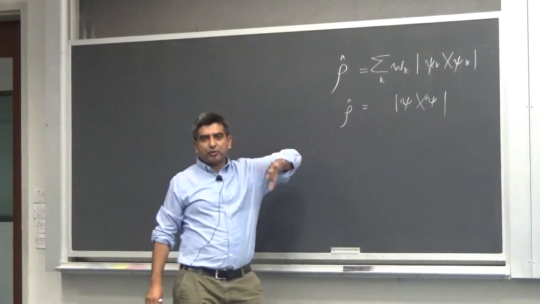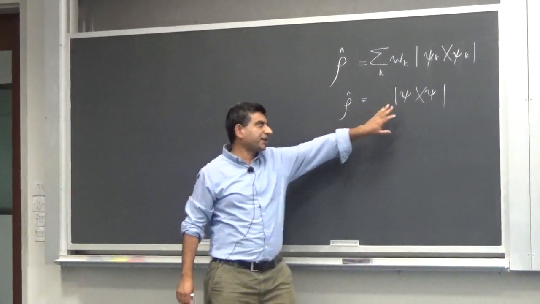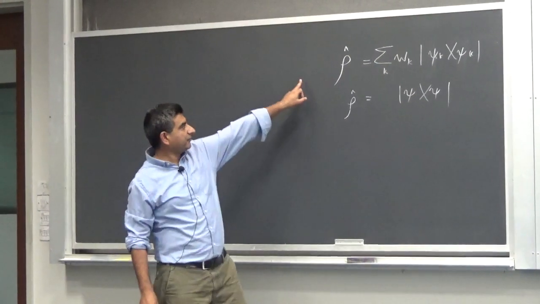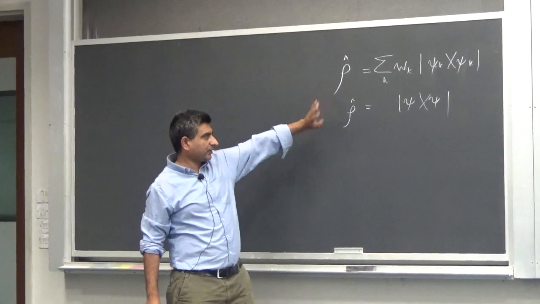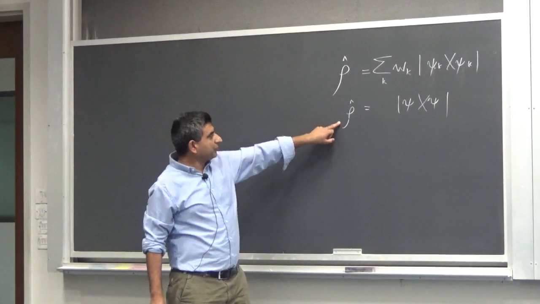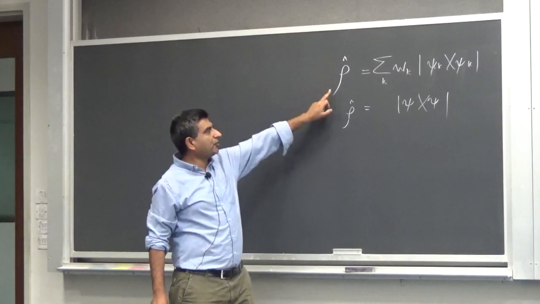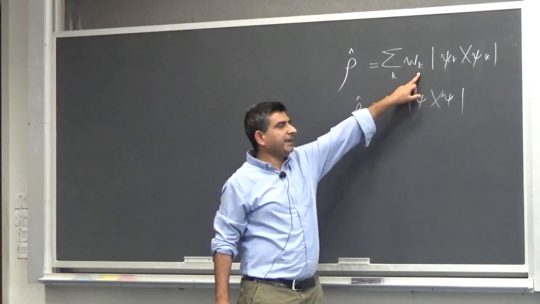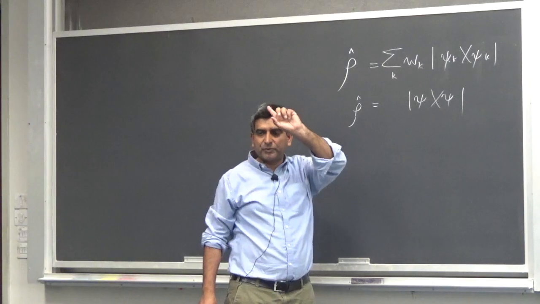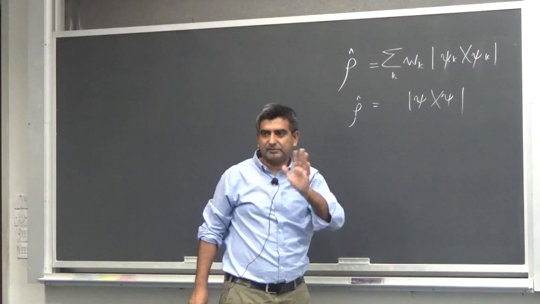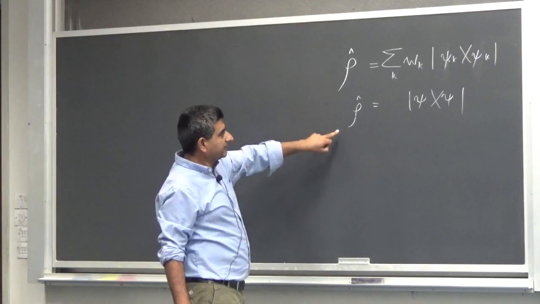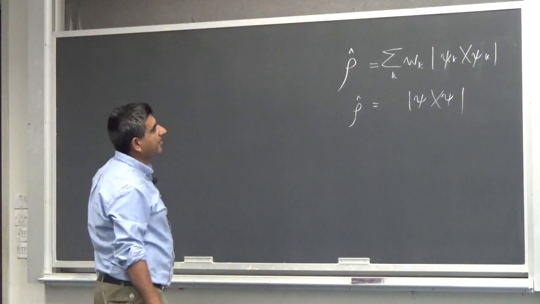So you can represent a pure quantum state either by rho or just by the ket. This is the general form of a density operator or a quantum state. A pure state is a special form of a density operator in which this k is just 1. There is only one kind of probability, and that is 1. So this is our general density matrix. This is a pure quantum state.